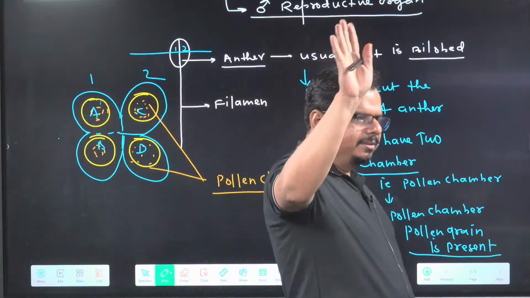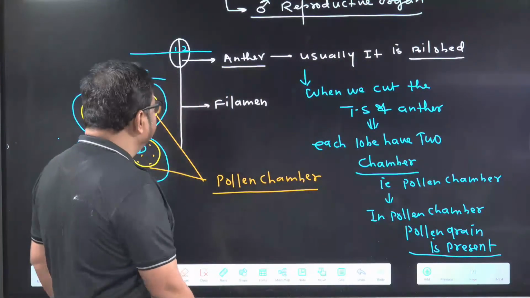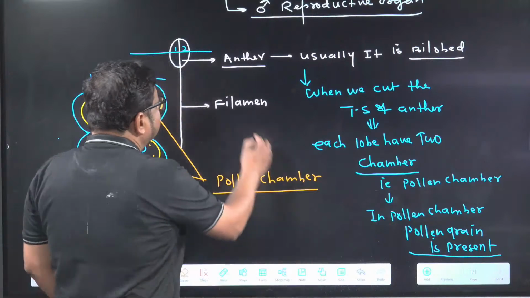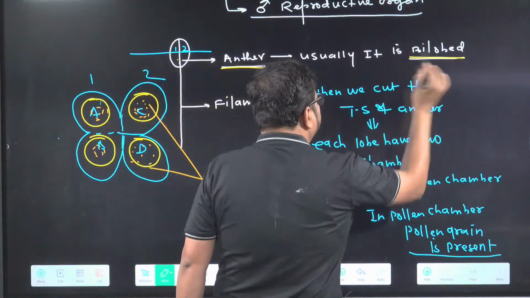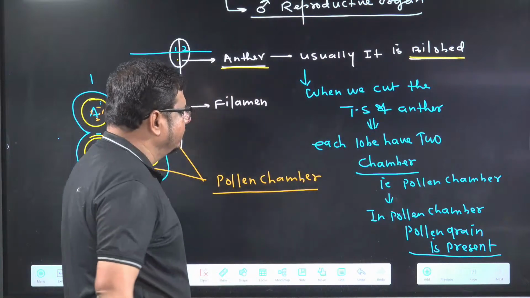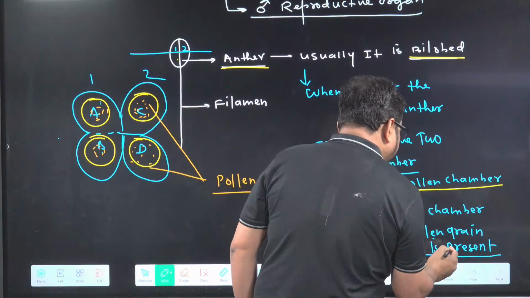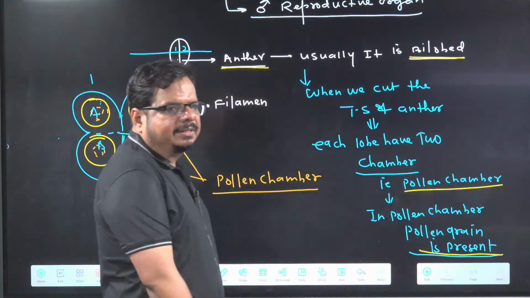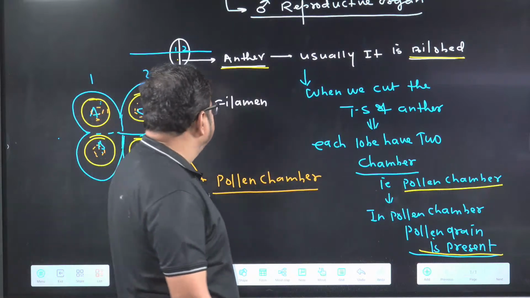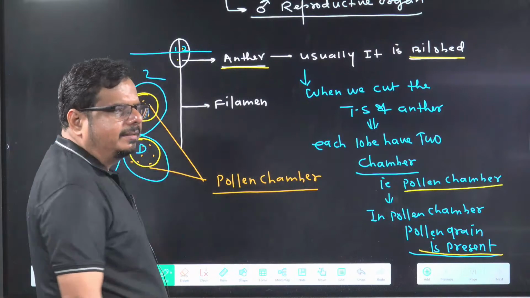That we will study in plant reproduction. Here we are talking simply about what NCERT wrote: usually it is bilobed, each lobe has 2 chambers and these are called pollen chambers, and inside the pollen chamber pollen grains are present. Got the idea? So got a typical idea about the male reproductive organ, clear in the mind?